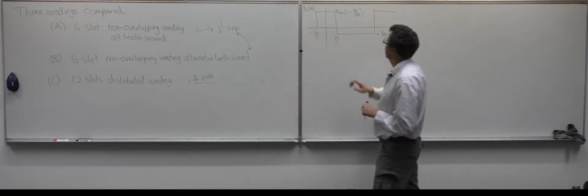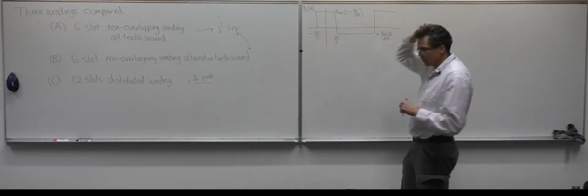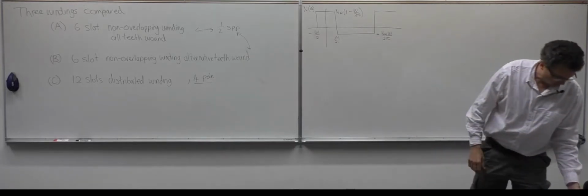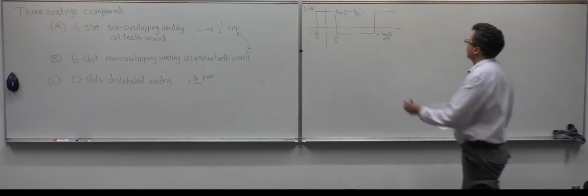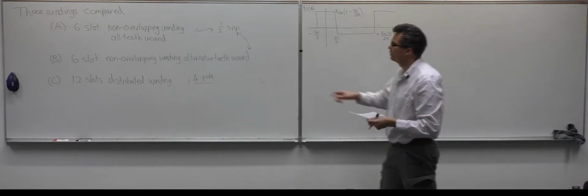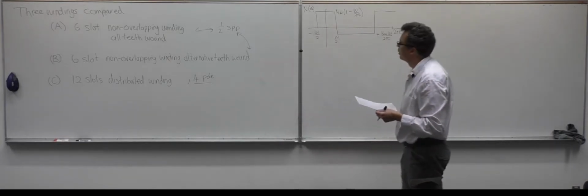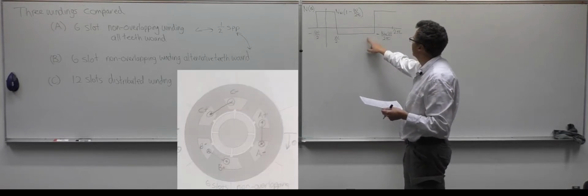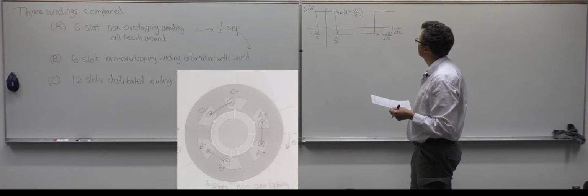So if we look at the winding function from last time for B, the 6-slot non-overlapping winding with alternative teeth wound, we obtained this winding function.